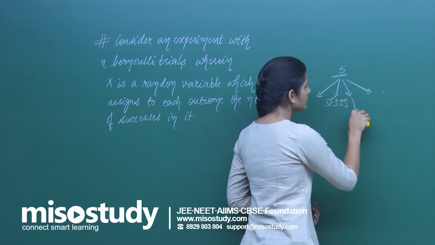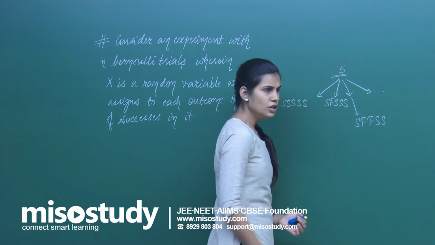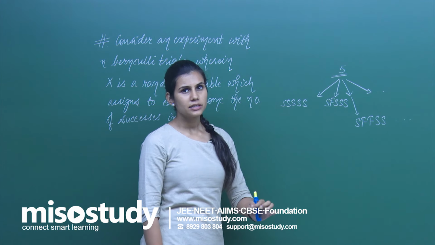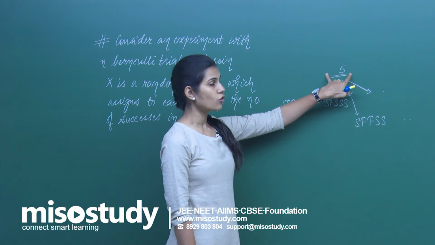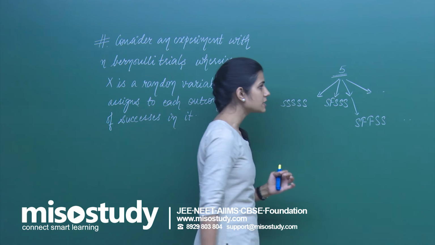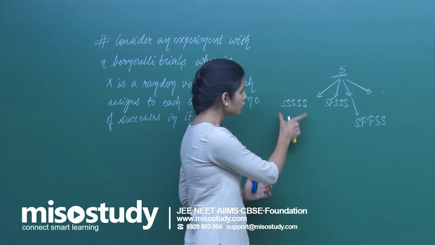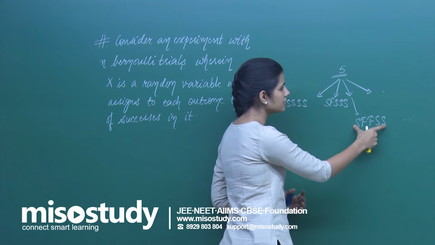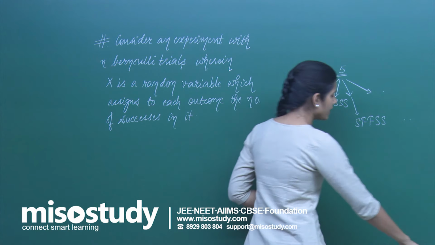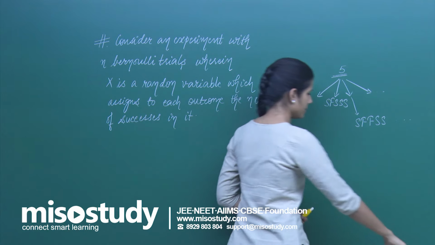Or you can get success in the first, failure in the second, failure in the third, success, success. So many of these I can get, right? So when you consider this experiment of 5 Bernoulli trials, you get a lot of outcomes corresponding to the successes and failures as outcomes. Are you understanding? So this is one of the outcomes, this is another, and so on, right? So basically I'm talking about a random variable which is assigning to each of these outcomes the number of successes in them.